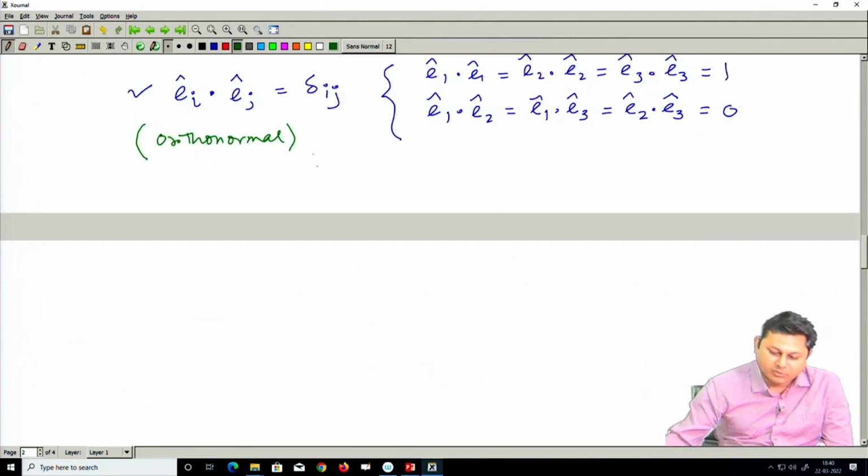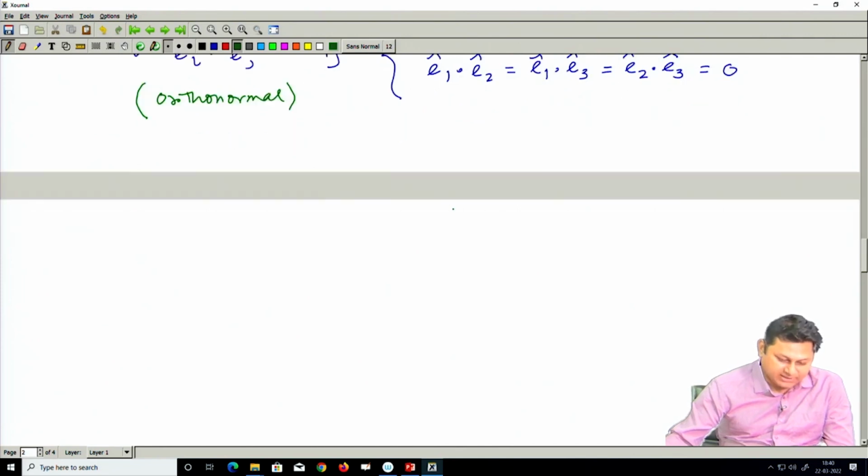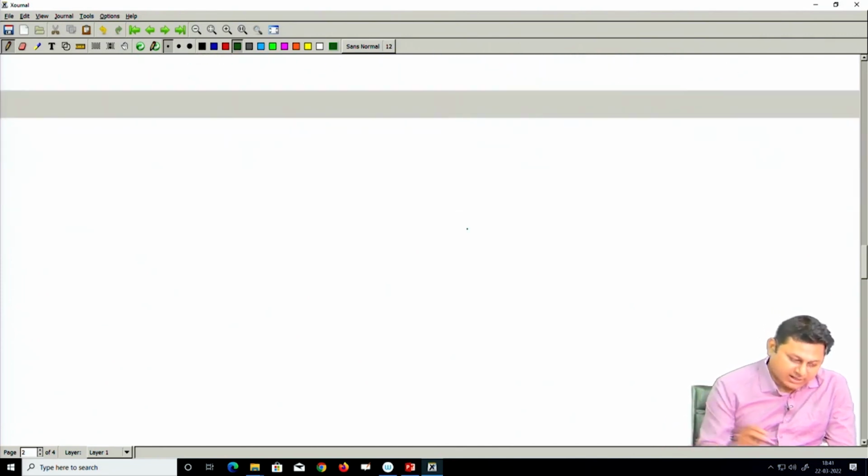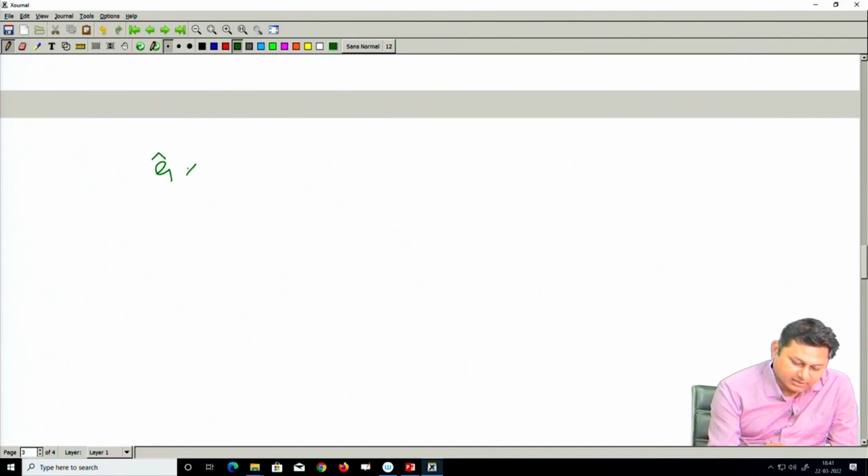Now, not only that, we should have other properties of this. We have the dot product of 1, 2 and 3. Also, we should have a relationship with the cross product, and that relationship is called the cyclic relationship, and that relationship says that if I have E1 cross E2, then it should be E3.